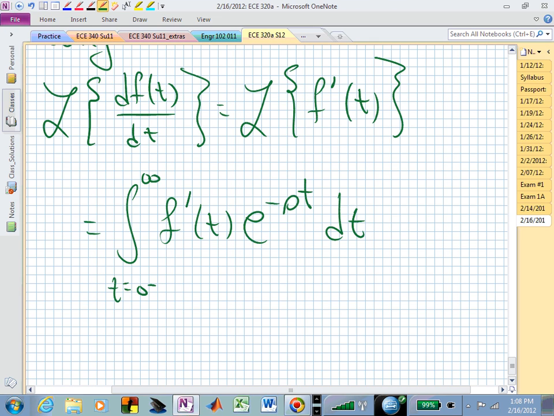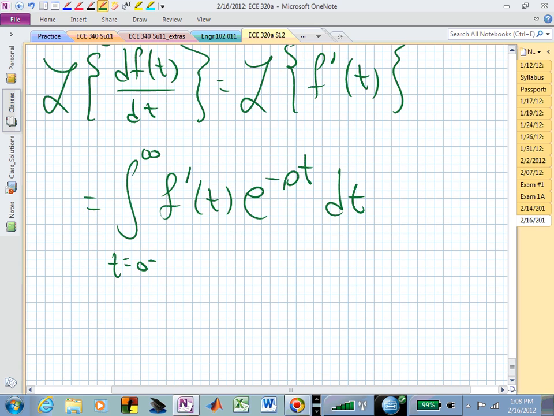And now we need to integrate f prime e to the minus st. I can integrate f e to the minus st because I can just call that capital F of s by definition. So now I want to convert this into an integral that just involves f with this scaling factor, e to the minus st. And how did you do that in calculus? How did you lower the derivative order inside your integrand?